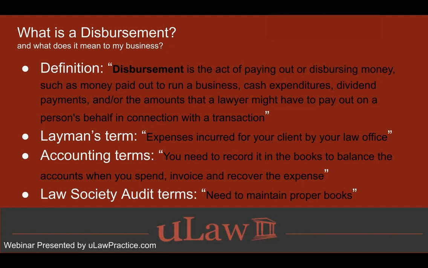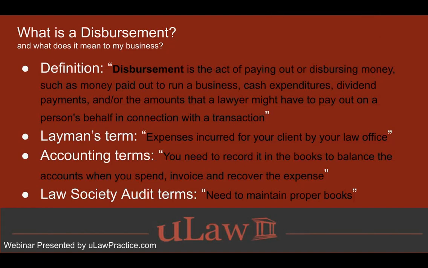All right, so let's get into what is a disbursement in layman's terms. I really love this. It is just an expense incurred for your client, on behalf of them, by your law office. You are not personally expending on behalf of them.